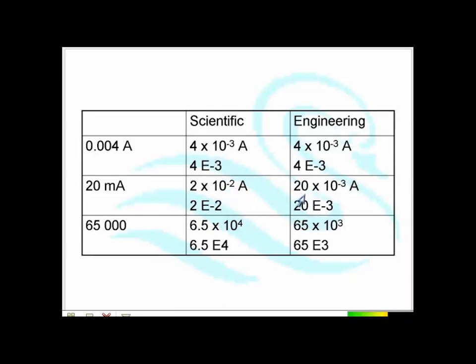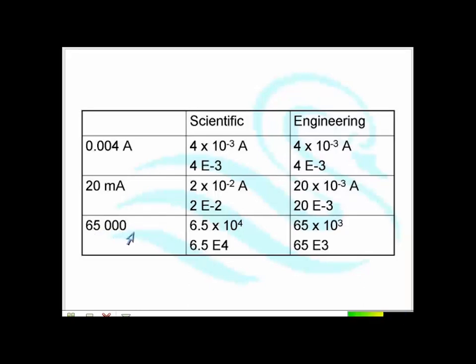But in engineering, it's still written 20 times 10 to the minus 3. And the minus 3 tells us we're dealing in millis. So because this one is written in minus 3, and this one is written in minus 3, we would say, oh right, here we have 4 milliamps and 20 milliamps. And they're both in the same order, the order of milliamps.